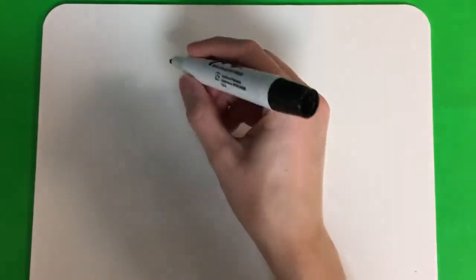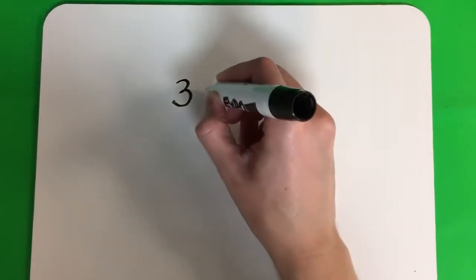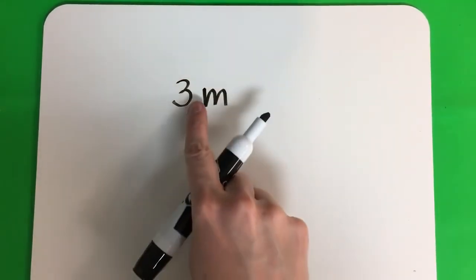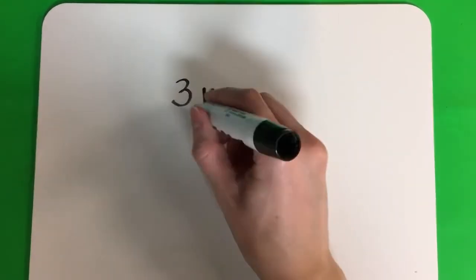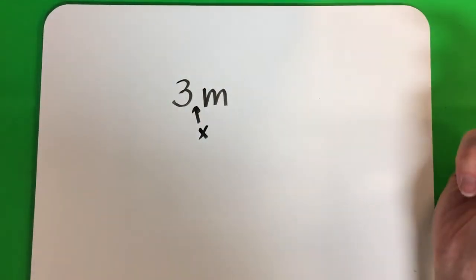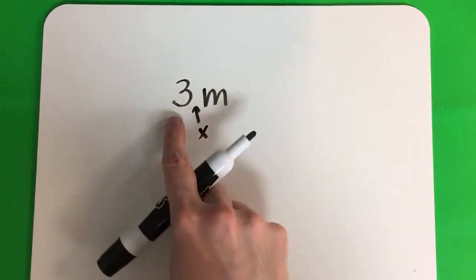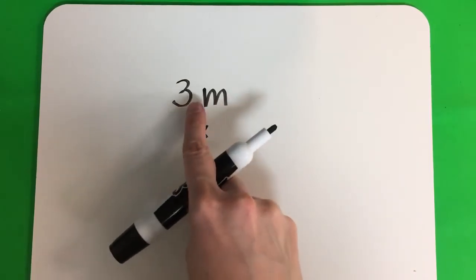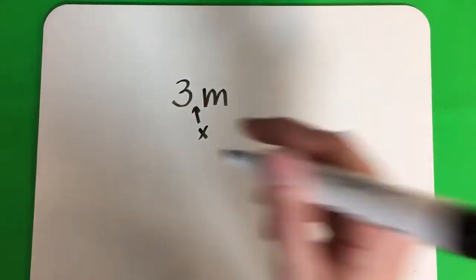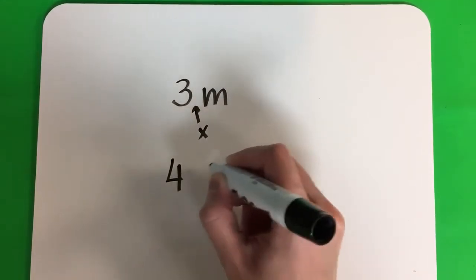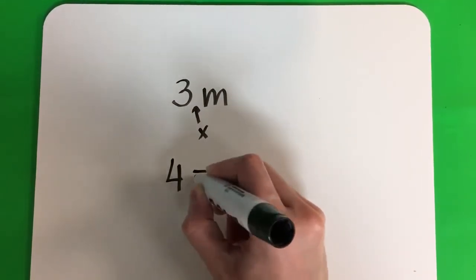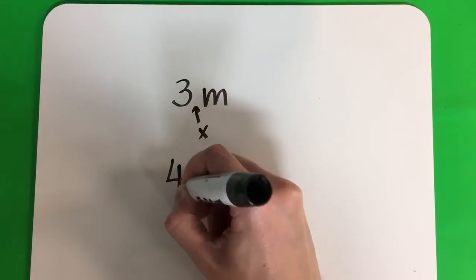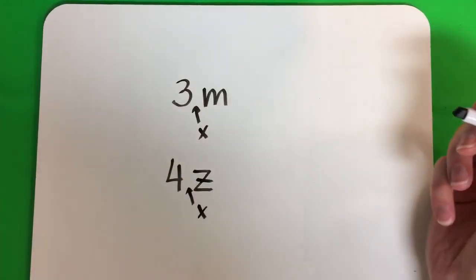Before we begin, I want to explain something. If you have a number with a letter next to each other, and there is no sign in the middle, it's multiplication. It's times. So this is 3 times m. If you have 4z, this is 4 times z.